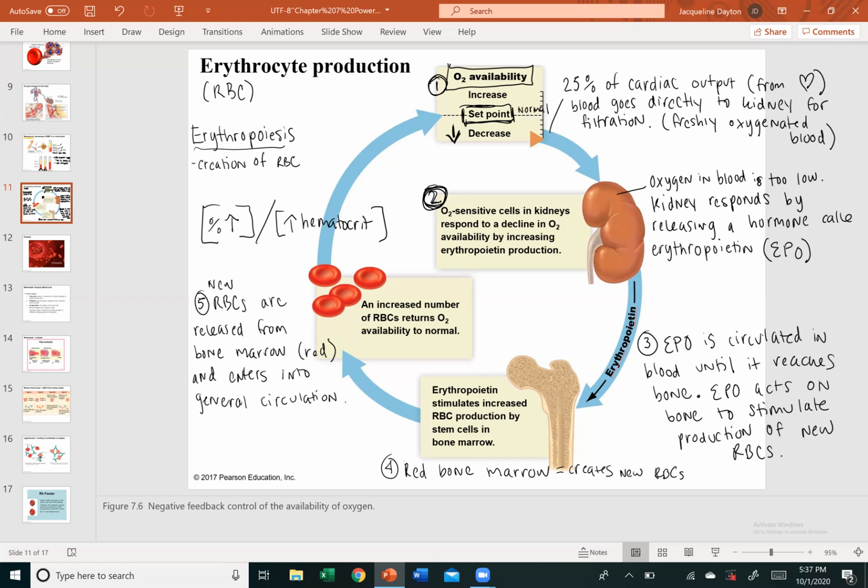That is a direct result of new red blood cell creation. That is going to then increase oxygen availability back to set point, okay? So we've corrected the problem.